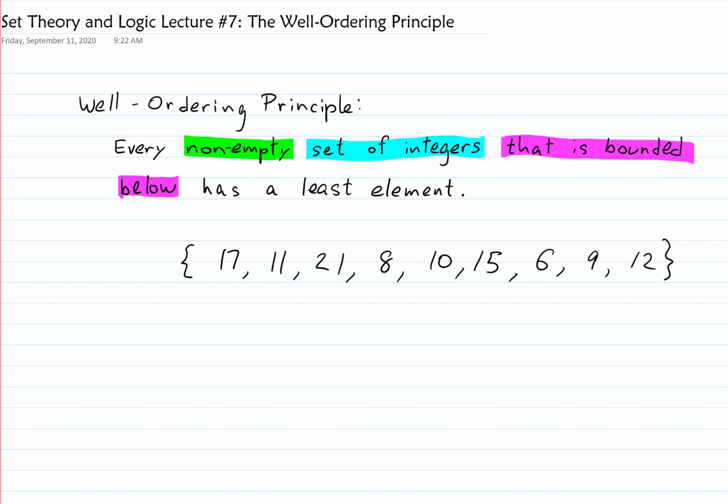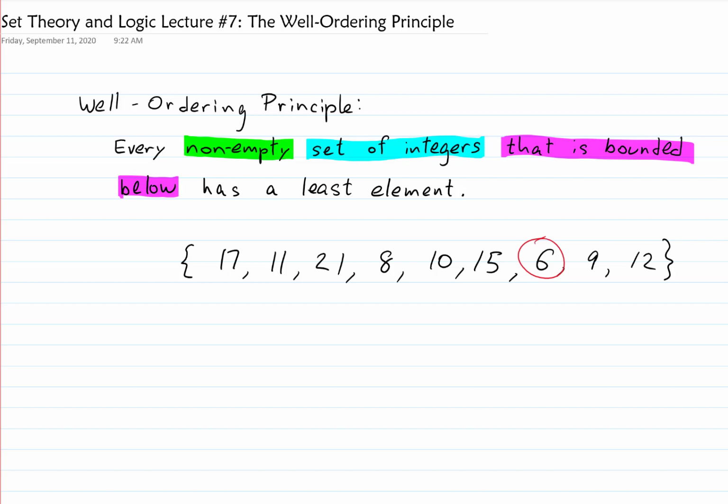So the well-ordering principle says that there must be a least element in that set. And it's very easy to find. It's right here. It's the number 6. Okay? So that's not hard at all to understand.